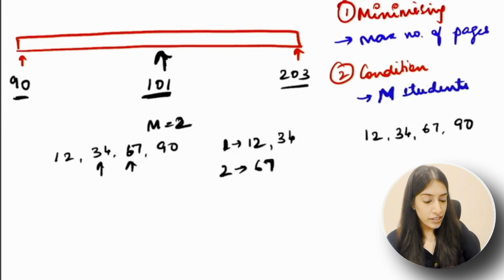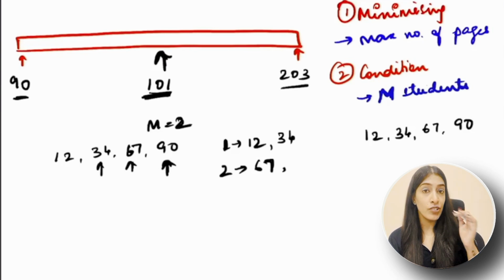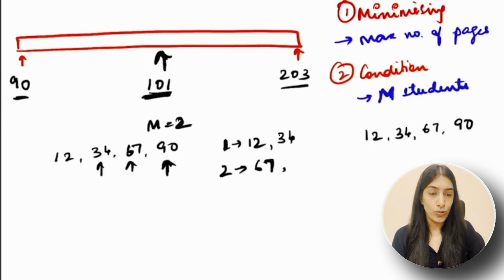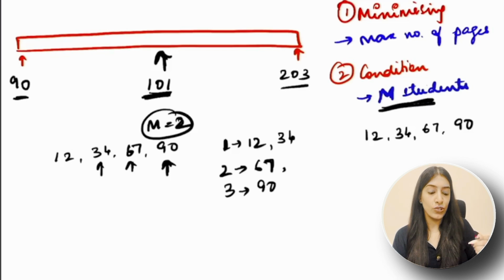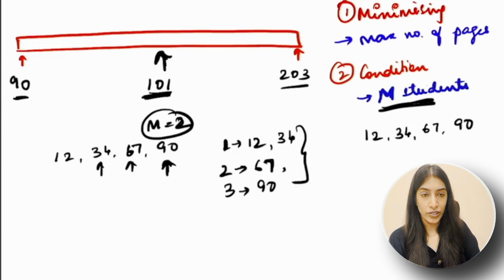Then, can we give the second student the 90 pages also? 67 plus 90 is 157, which is more than 101, so we can't do that. So we assign 90 pages to a third student. But the condition is that m can be at most 2, so the maximum number of students should be 2 only. So this is not a feasible solution.